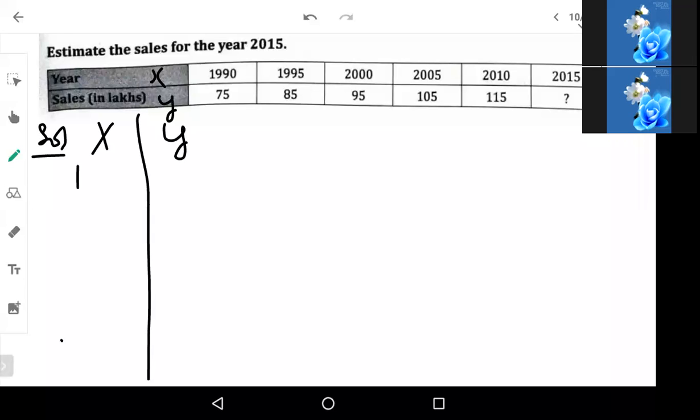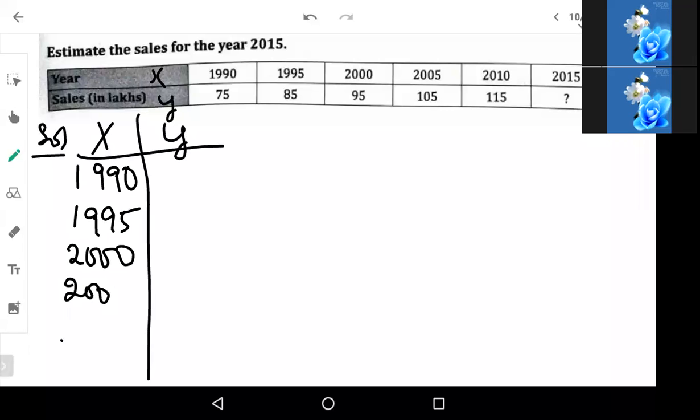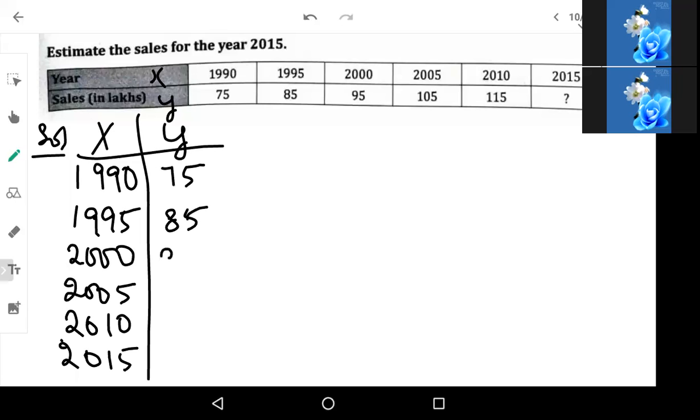The years are 1990, 1995, 2000, 2005, 2010 and 2015. And for these, the sales are 75, 85, 95, 105, 115, and we don't know what is next.